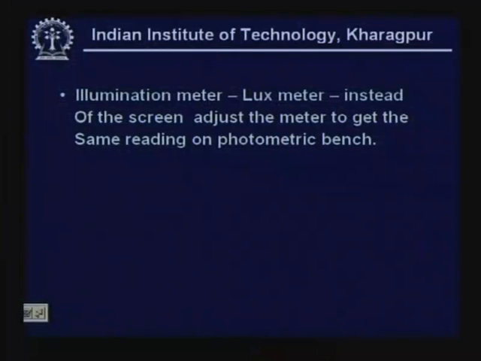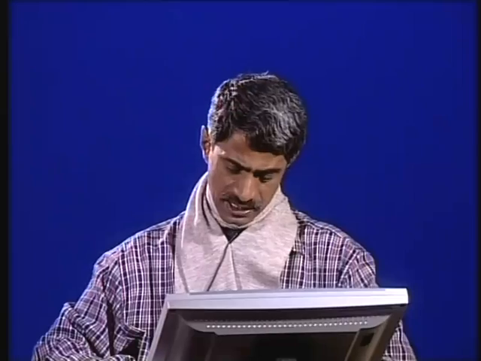There is another way of measuring: instead of using the photometric head, we use what we call the lux meter. Remember, when you are using a photometric head, which is an opaque screen, it is somewhat subjective in the sense that it depends on the person who is involved in taking the brightness or in balancing.